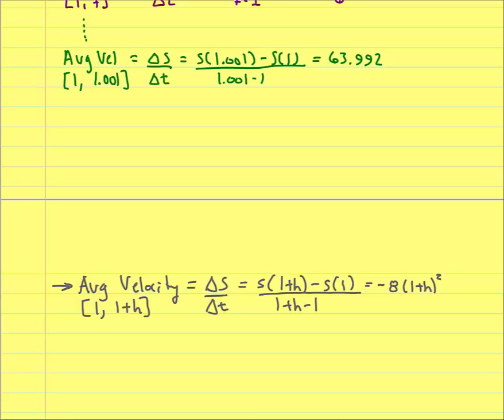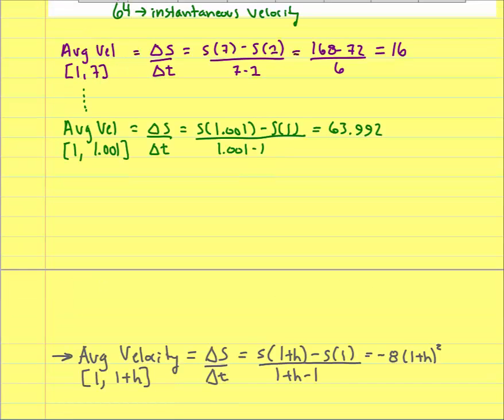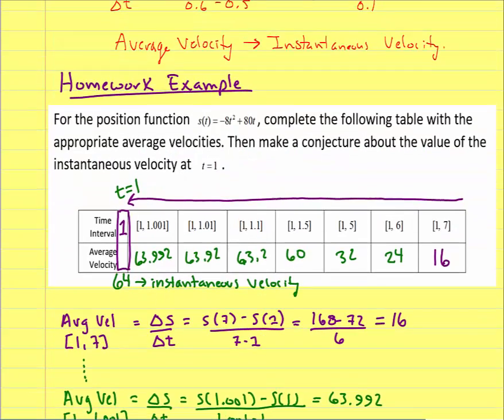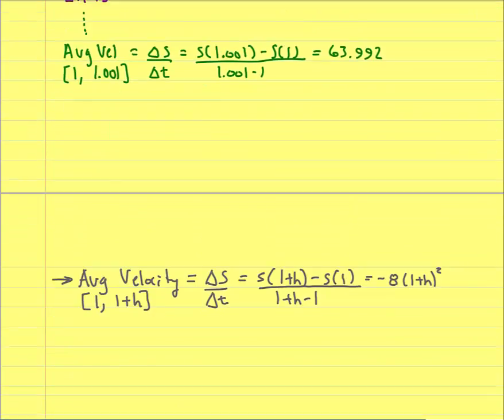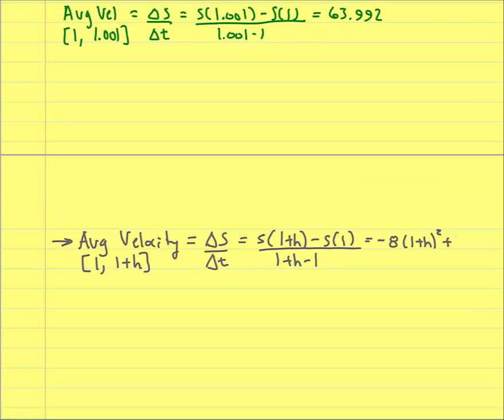And then don't forget our original function also has a plus 80t, and in place of that t I'll have the 1 plus h. I think we're going to run out of room here, so let's go ahead and move this down here. And then minus s of 1. And s of 1 we know from up above was equal to 72.